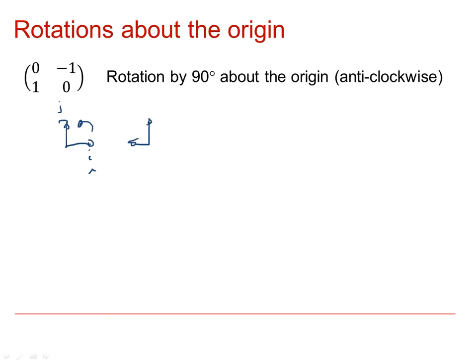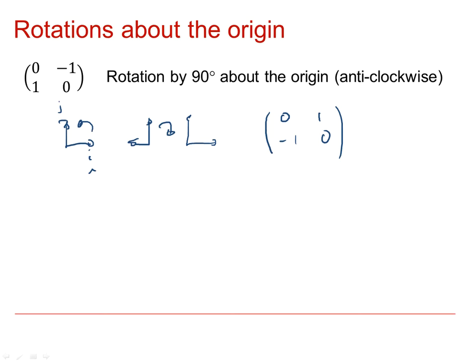To get back to where we started, we need to rotate back again. So we need a rotation which is clockwise, and that's given by the matrix (0, 1; -1, 0). It's always worth checking the determinant for a rotation. Here we've got a determinant of 0 minus negative 1, which is 1. That's what we'd expect for a rotation.